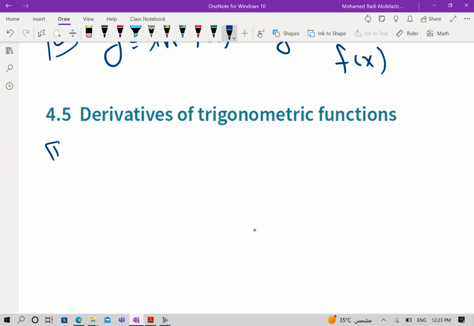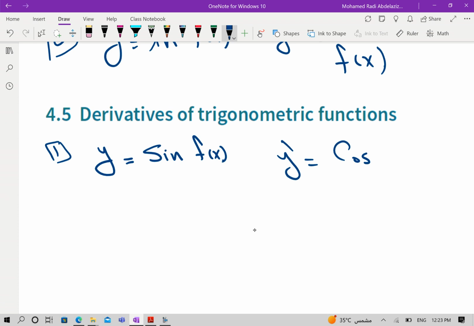Number 1, if we have a function written in the form of sine f of x, so its derivative will be: differentiation of sine is cosine, then multiplied by the derivative of the function inside. Write it outside, f dash x.